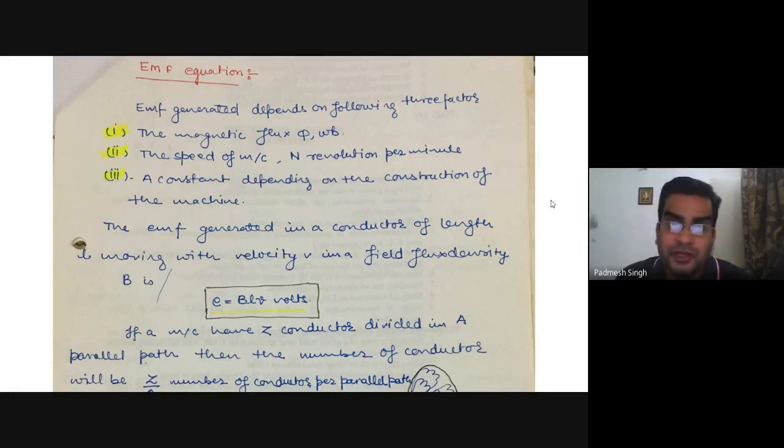Now the EMF generated will depend on the flux of the machine. In this derivation we will find the flux per pole of the machine and the speed with which it is being rotated, in the case of a generator. So to get a higher voltage, either the flux per pole, this parameter phi, should be very high, or the rotation of the machine should be very high.